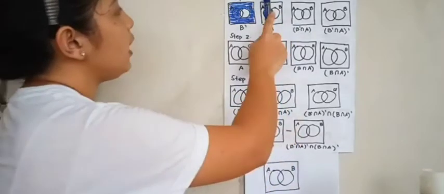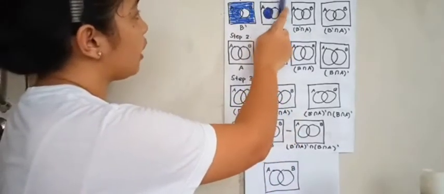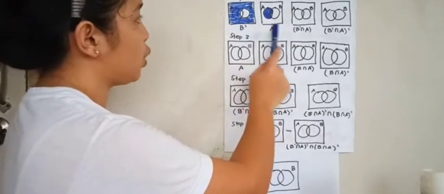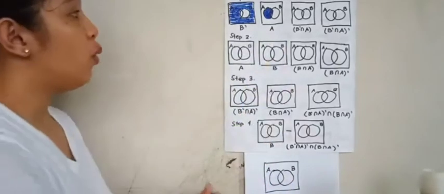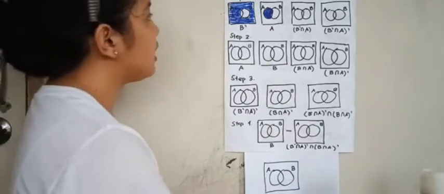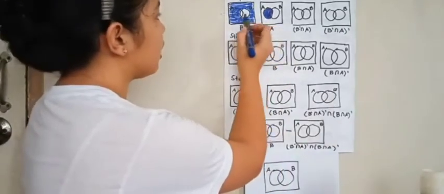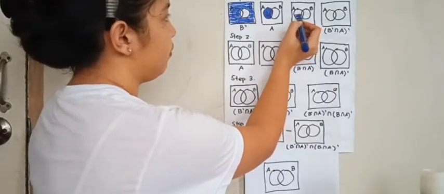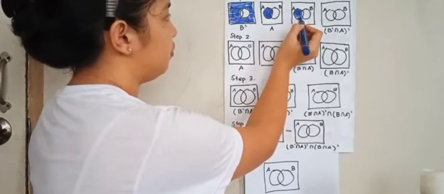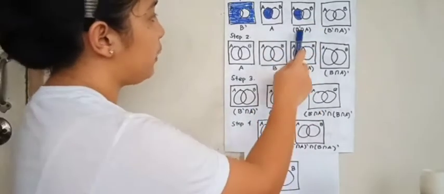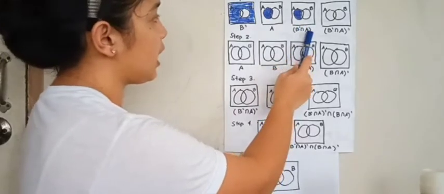And it says B complement intersect with A. So we need to find the intersect of these two. When we say intersect, where B complement and A collide, or where they are the same. So they're the same in this region, this shaded part. So we need to shade this one.